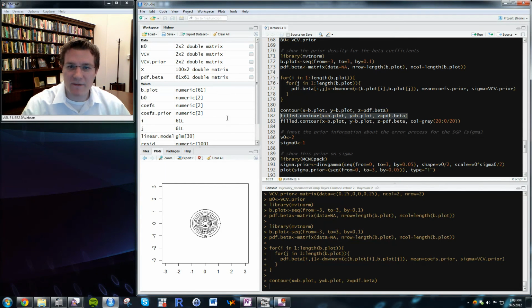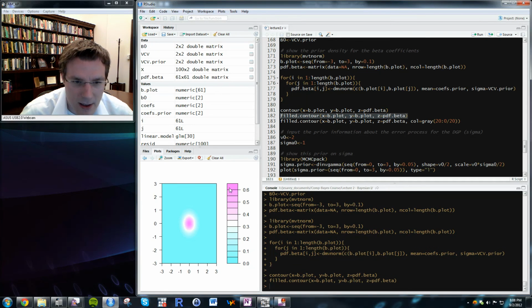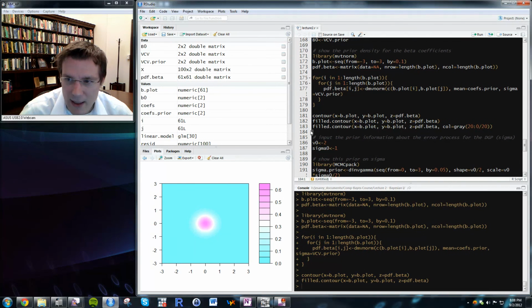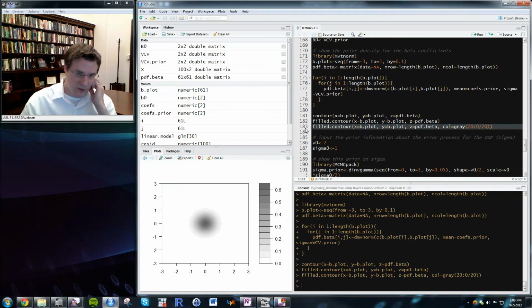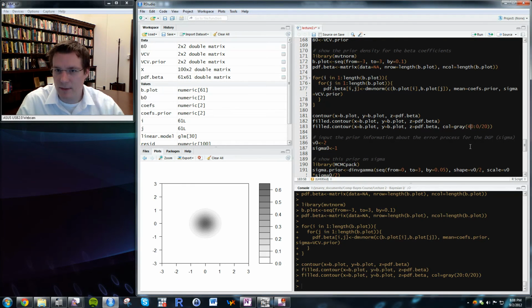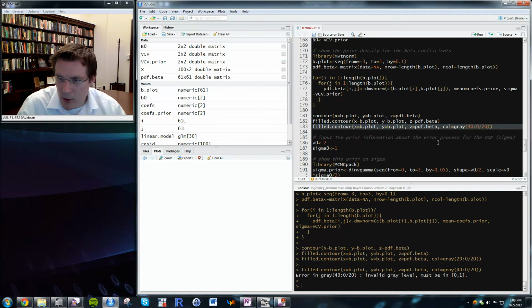I could also use a filled contour plot, which is a little bit more attractive, and I think I need to expand this out a little bit so it looks right. And I'm going to actually specify that the colors be gray so that you get a little bit better view here. And I might even turn up the number of gradations.